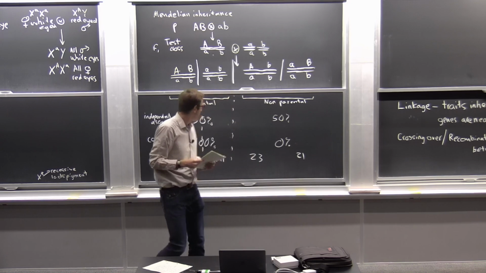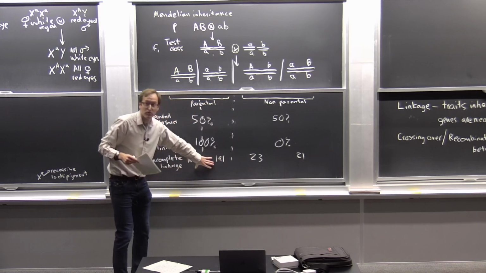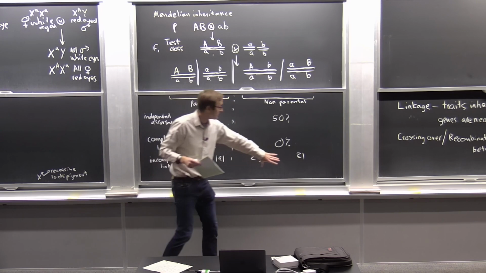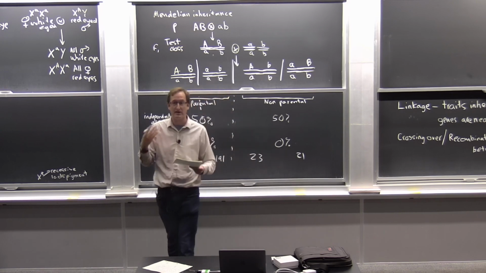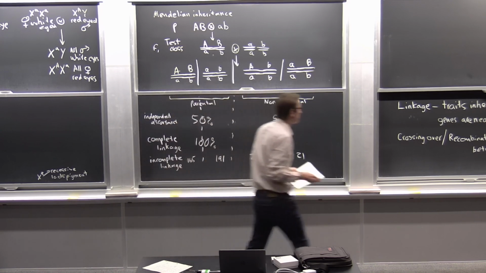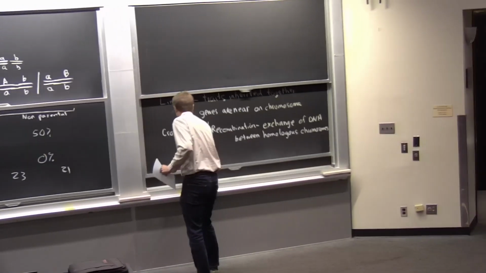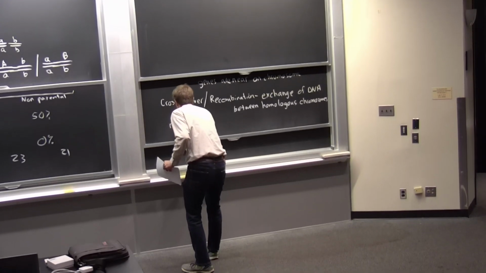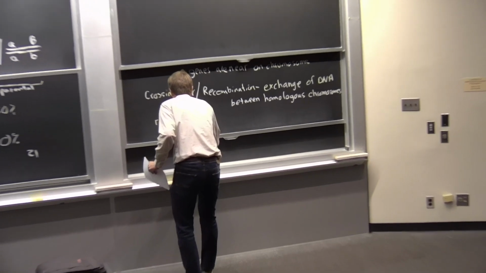Okay? So you can see there are many more of the parental class than the recombinant class, but we can calculate a frequency, or recombination frequency, between these two genes.